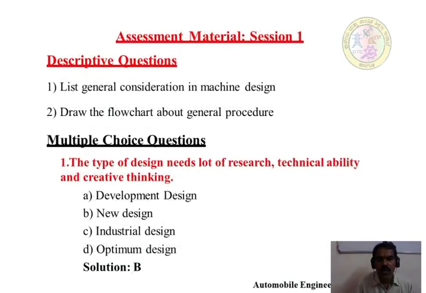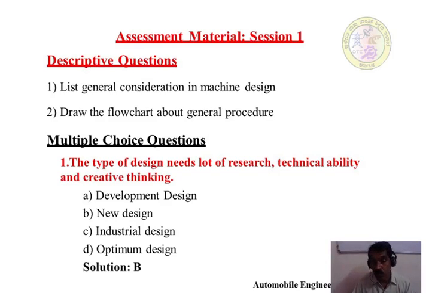So actually, in the introduction chapter, that is unit number 1, what are the contents that I have covered? First is the introduction to machine design, the definition of machine design, the classification of machine design, and the general considerations of machine design.